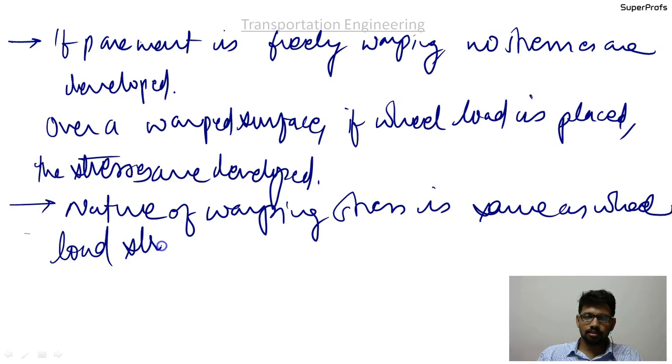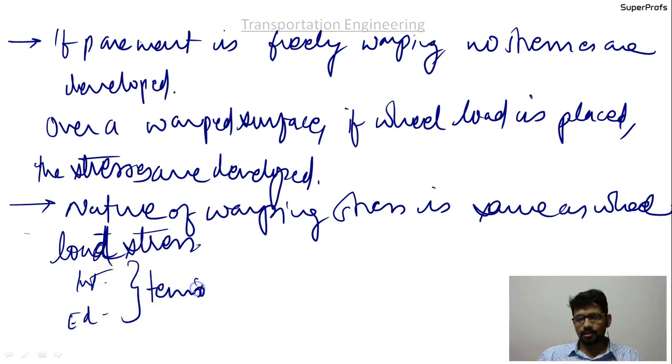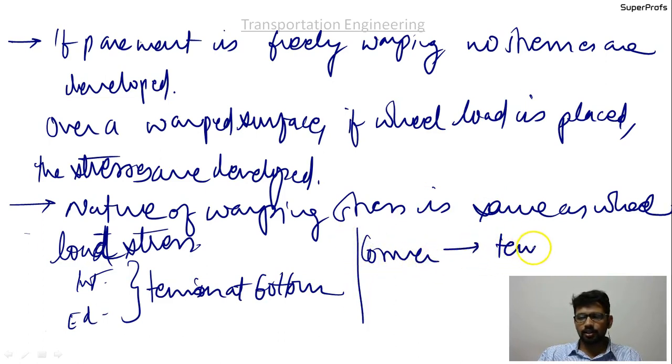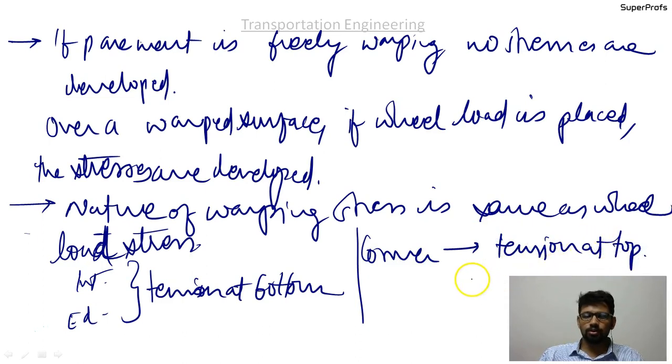As usual, at interiors and at the edges, the tension is at the bottom, the same as the wheel load stress. And the stress at the corner is tension at top.